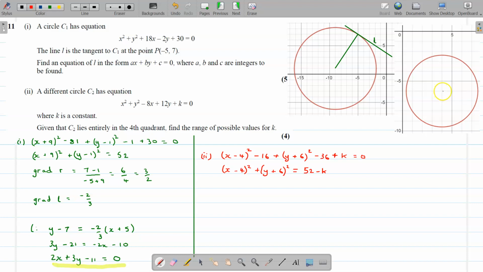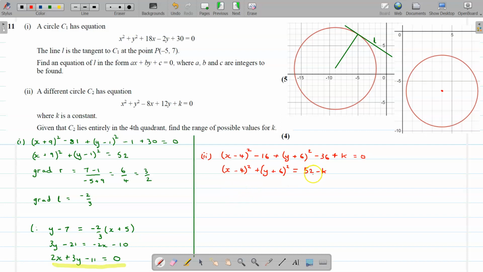Obviously as the radius gets bigger, it's going to cross the y-axis first when the radius exceeds 4. So the radius has to be less than 4, but it also has to be greater than 0.